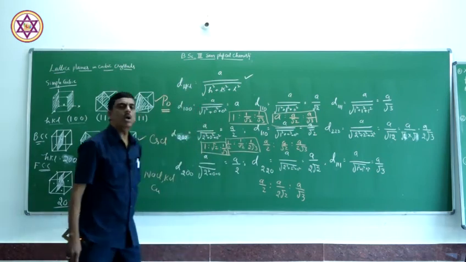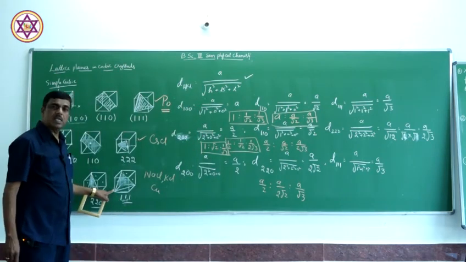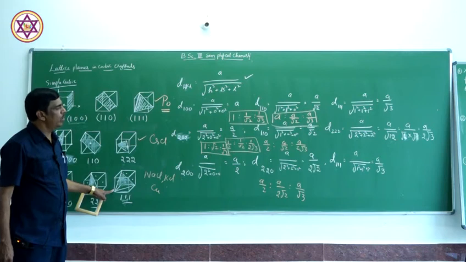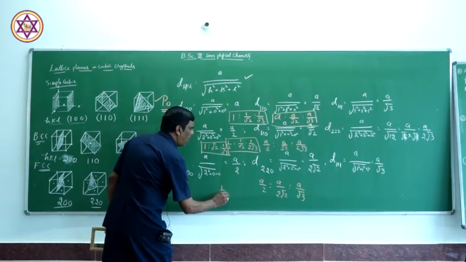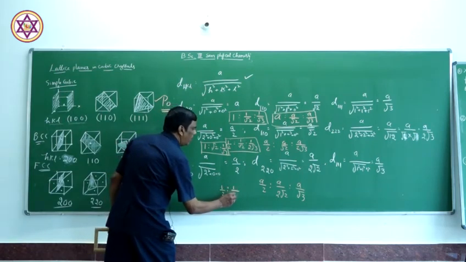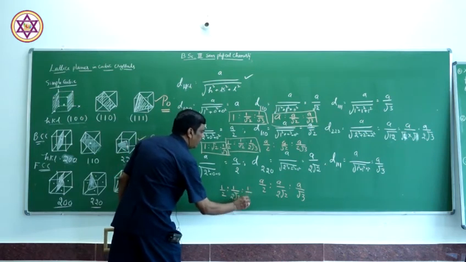This is the ratio for the face centered cubic lattice. If we simplify that, this becomes half is to 1 by 2 root 2 is to 1 by root 3.